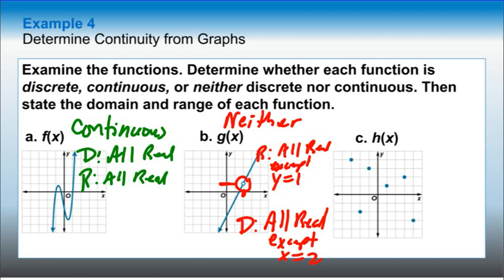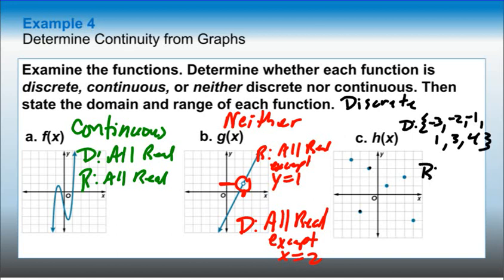And letter C here, this one is just a bunch of random points, so this would be discrete. And then for the domain we would just list all the specific x values in here. I'll just list them from left to right. So we'd have -3, -2, -1, then we would have 1, 3 and 4.